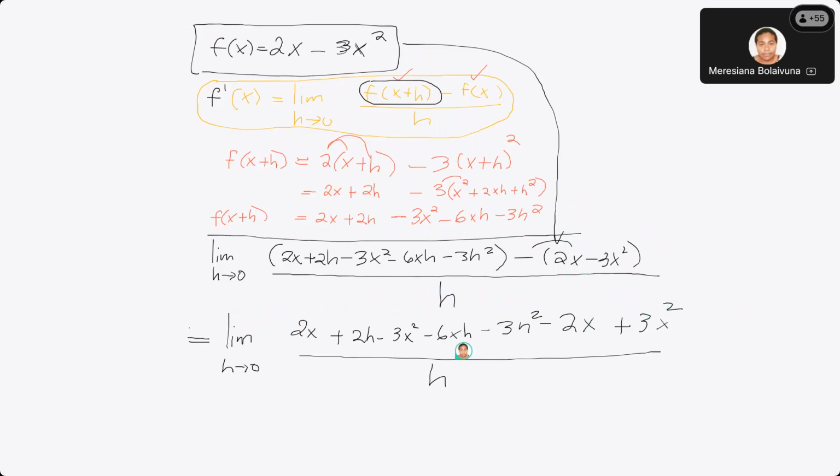Now we simplify, right? So now we simplify. 2x and 2x will cancel. Negative 3x squared and the positive 3x squared, these two will cancel. So what do you have left in the numerator?